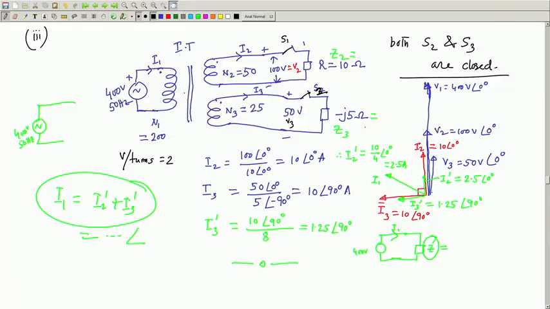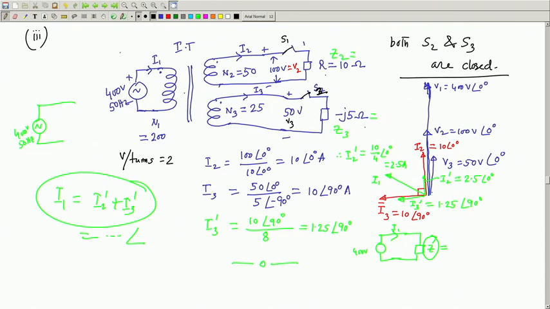Then if you know V 2, then you can calculate I 2, impedance is known, it can be positioned. Similarly, V 3, I 3 can be known, and each of these currents I 2 will have its reflected component I 2 dashed, I 3 will have its reflected component I 3 dashed.